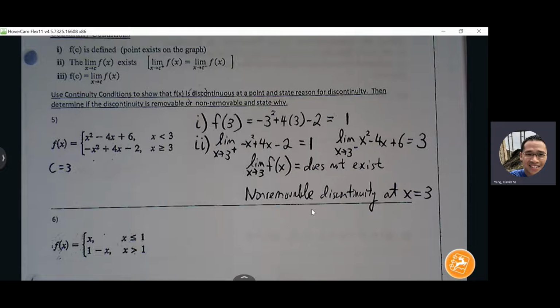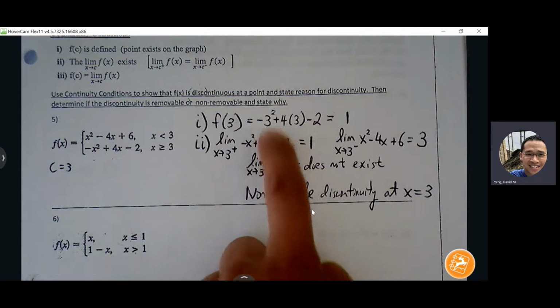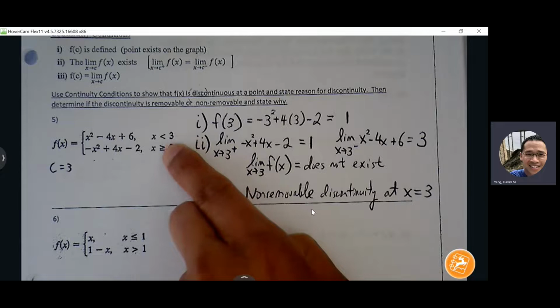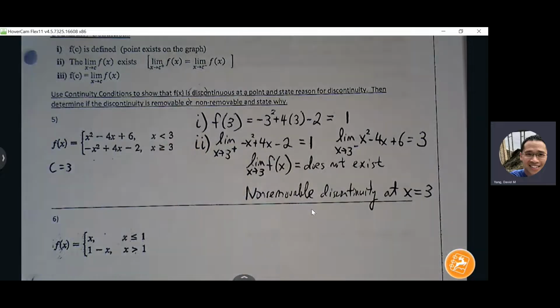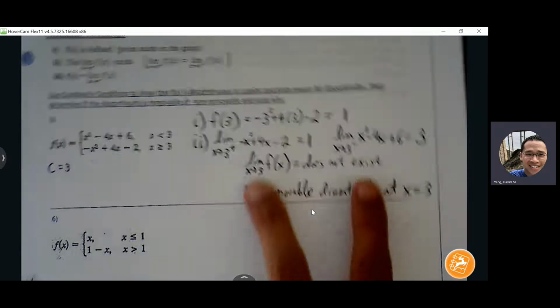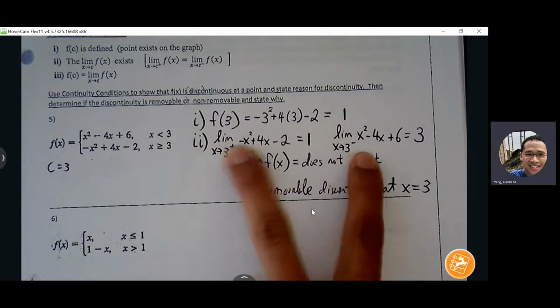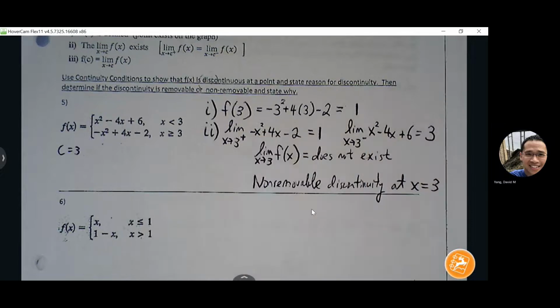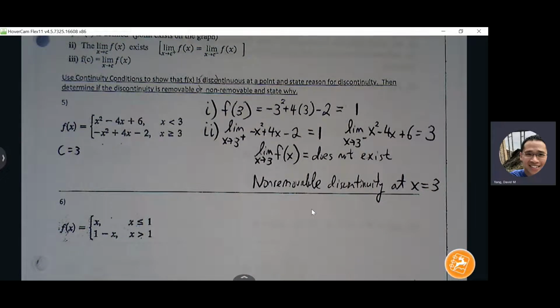With piecewise functions, if there were connected graphs on either side of our target, we have to spend that extra effort to find the one-sided limit coming from both sides of the target. If they are in agreement, we know that the second condition will pass. If the one-sided limits are not in agreement, we stop the problem, we say the limit doesn't exist, and we know it's going to be a non-removable discontinuity.